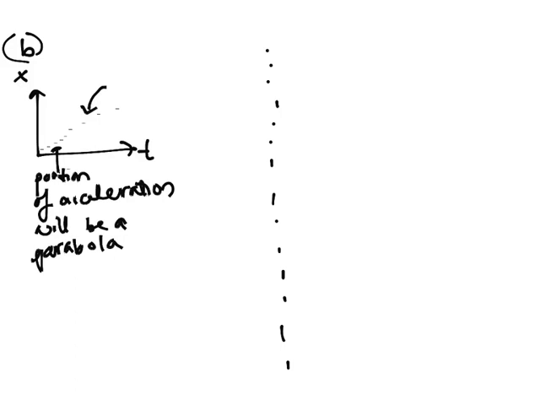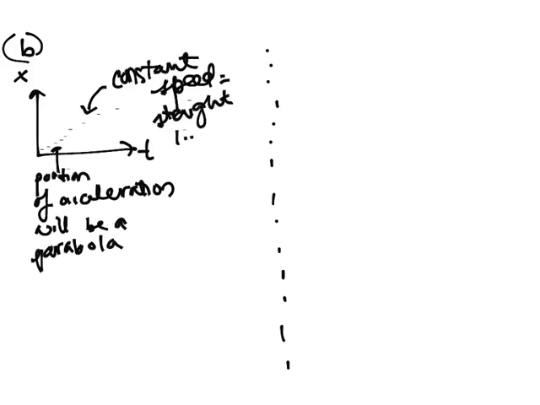But the portion of constant speed will be a straight line. So that's one method that you could use.